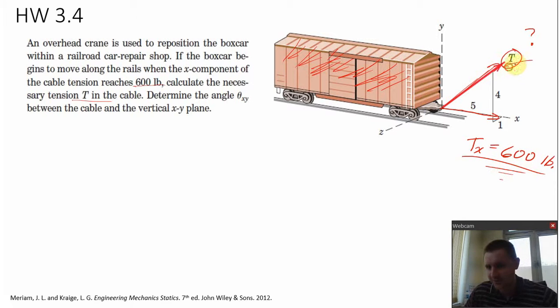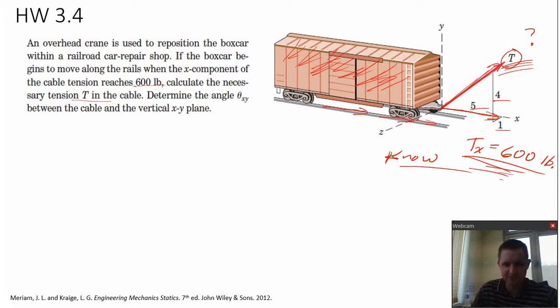So we want to know what magnitude I have to pull in this direction to give me an X component of 600 pounds, because that's when the railroad car will begin to move along the track in the X direction. We know the X component of the tension vector, so if we can find the direction from these ratios that we're given here, then we've pretty much got the problem.